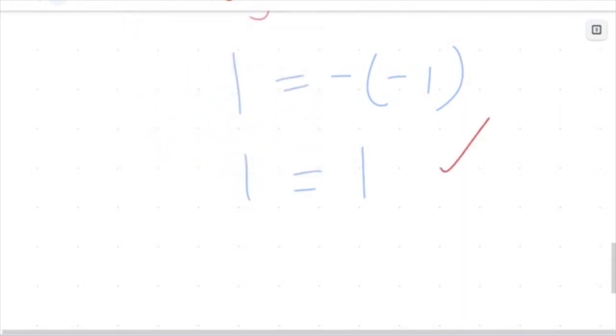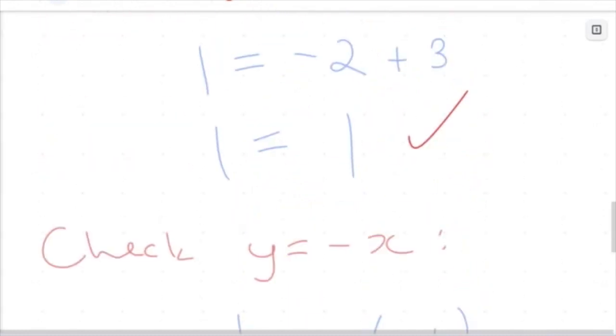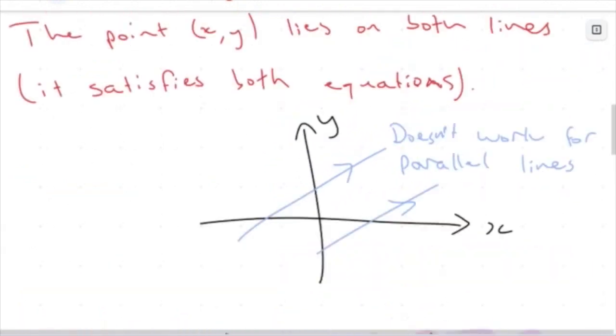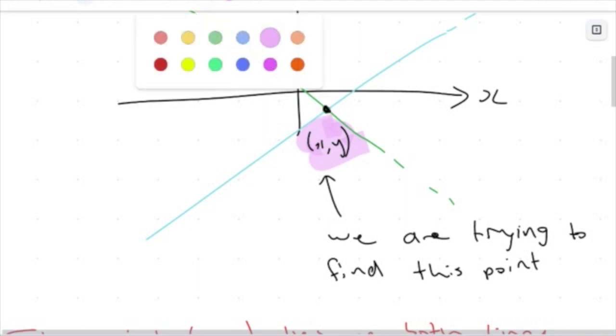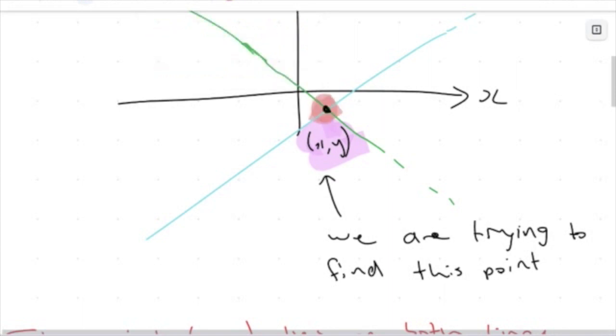So this point lies on both lines. That means when we draw our thing up, for example, like up here, our point lies on my green line as well as my light blue line. This is just an example, right? But by finding a point that lies on both lines, we are finding the intersection point of both lines.